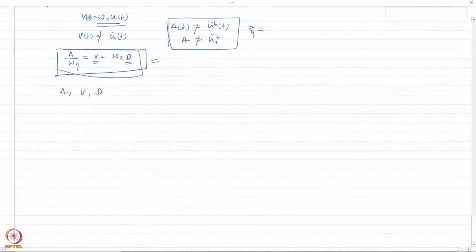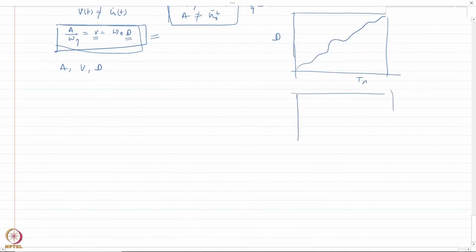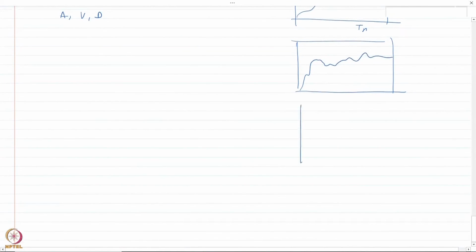Now knowing that, I have the acceleration response spectrum, which typically looks something like this. So let us say this is D here and this is Tn. I can also plot the pseudo velocity response spectrum, which would look something like this, and then the pseudo acceleration spectrum, which looks like this.